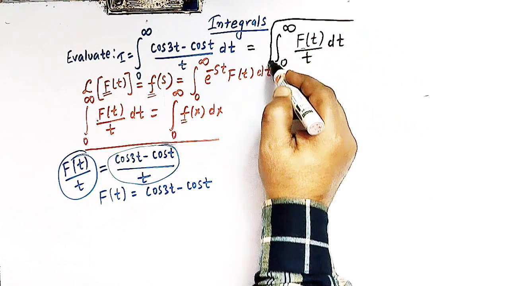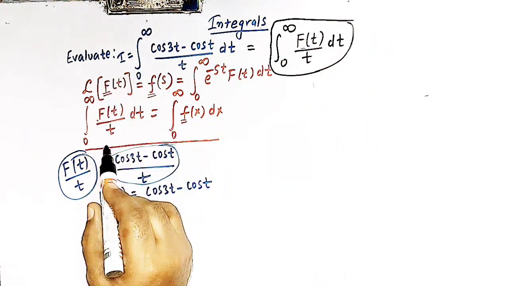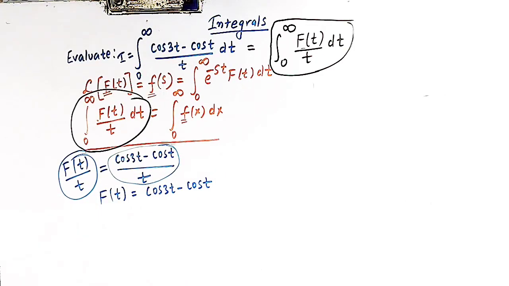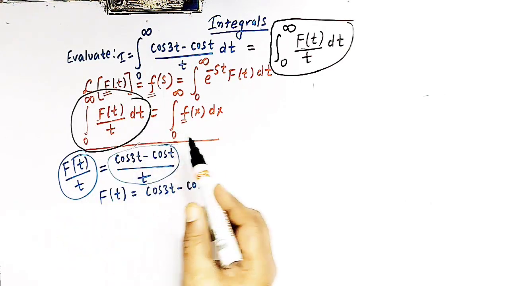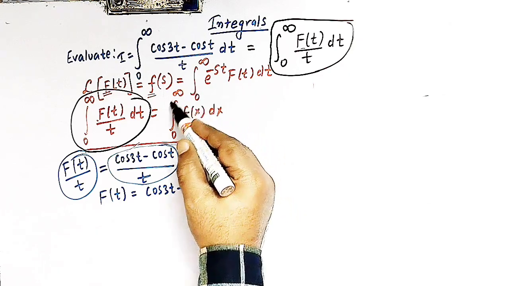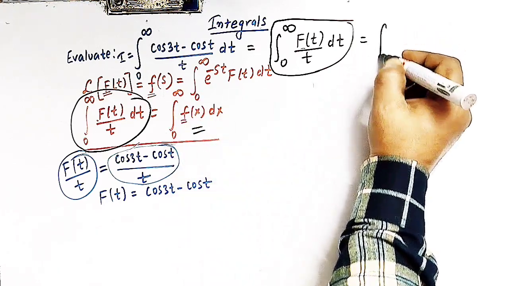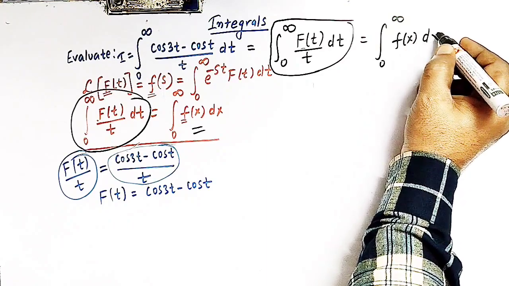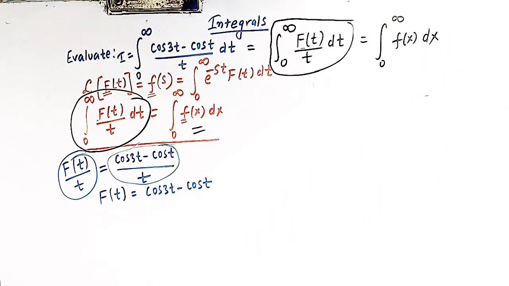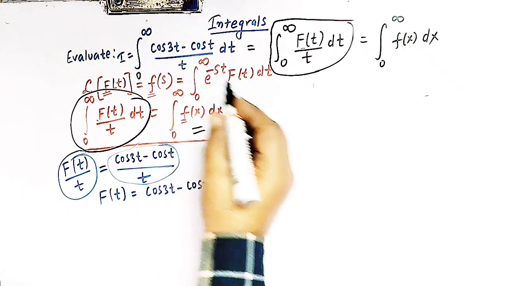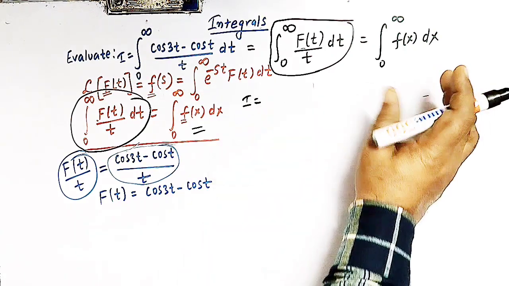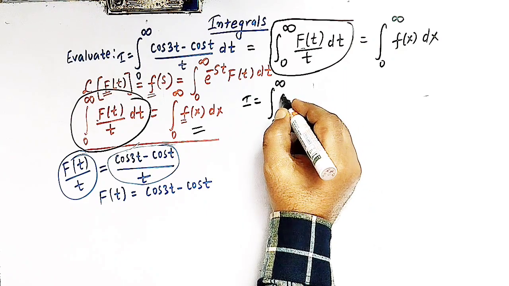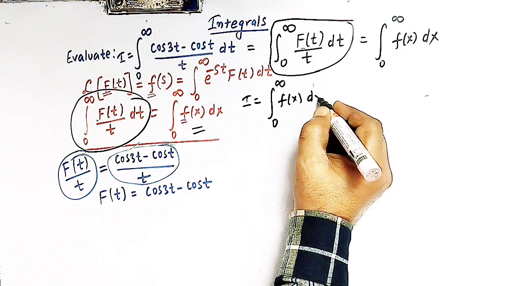Now we can see that our integral I is of this form, and this integral is further equal to the integral 0 to infinity of f of x dx. So it implies that our integral I is equal to the integral 0 to infinity of f of x dx.